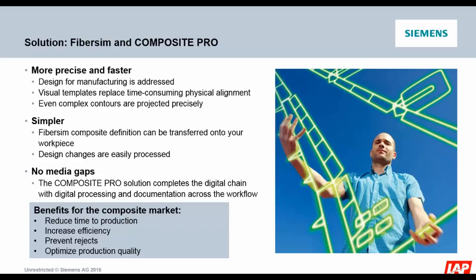Matthias? Okay. Yeah. As Lee pointed out, using FiberSim and LAP's Composite Pro solution together, layout processes become more precise, faster, simpler, and consistent. LAP's Composite Pro solution has been created especially to address the needs of the composite market. The solution includes everything needed to support the hand layout process of composite manufacturing.